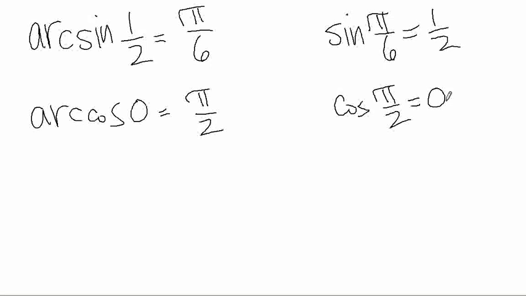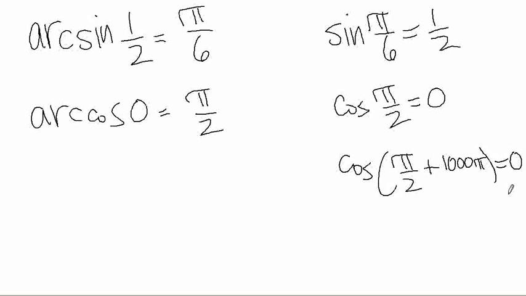There are other angle measures that have a cosine value of 0, for example, the cosine of pi over 2 plus 1,000 pi. That's also equal to 0. However, remember we need to choose the angle measure that corresponds to the limited domain that we've selected for cosine. So it's very important to keep those limited domains in mind.